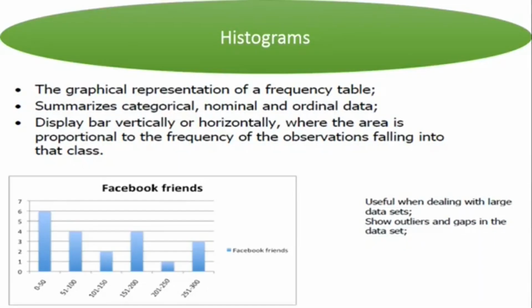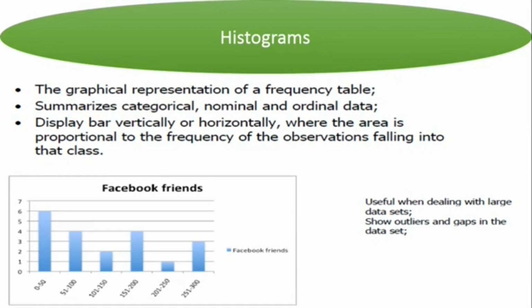Another type of graph that we can present to you in this course is the histogram. That is the graphical representation of a frequency table that is used to summarize categorical, nominal, and ordinal data. A histogram can be displayed vertically or horizontally.